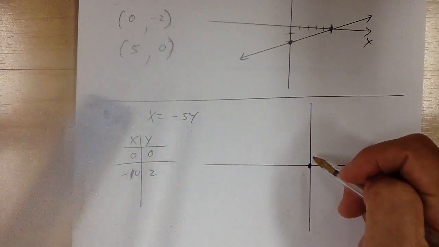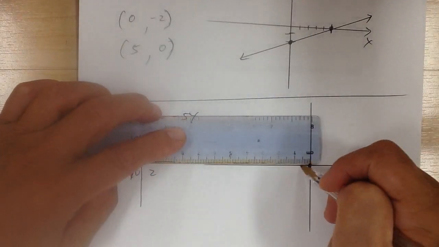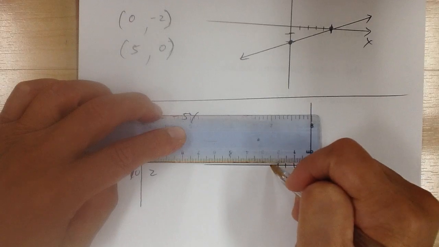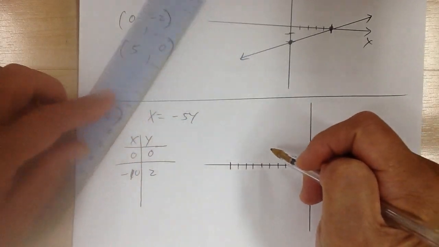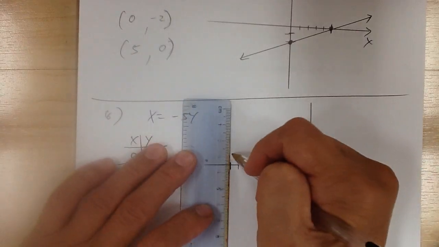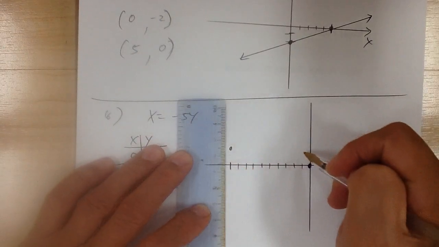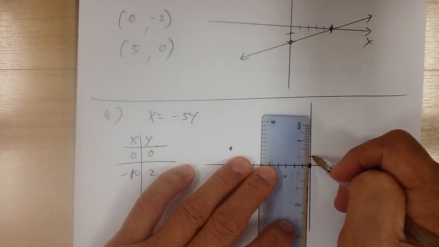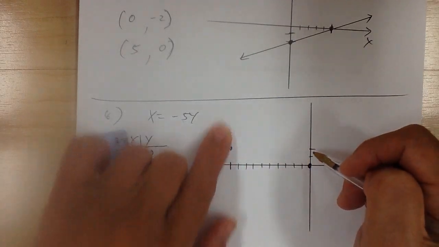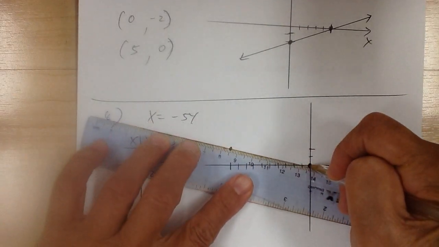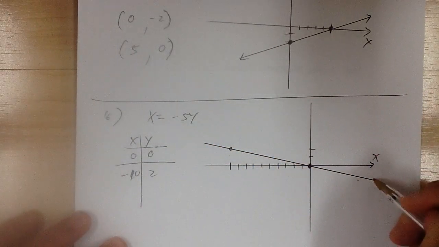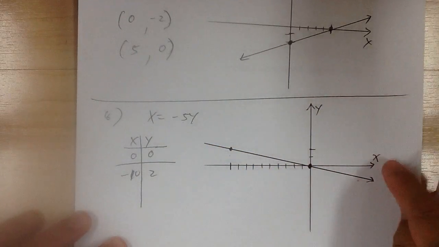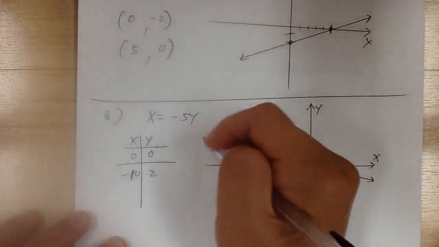Next point is negative 10, 2. So it's going to be negative 10, go up 2. And so connect the two dots, and it would be the graph. And normally you want to label your x-axis and y-axis.